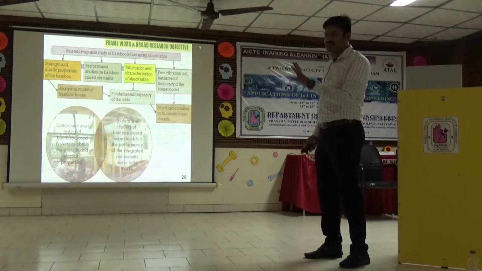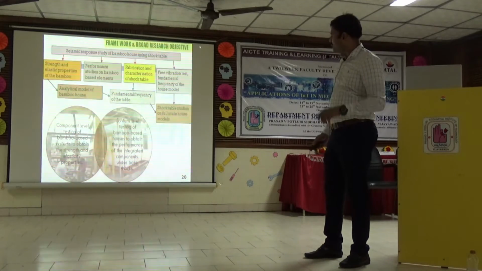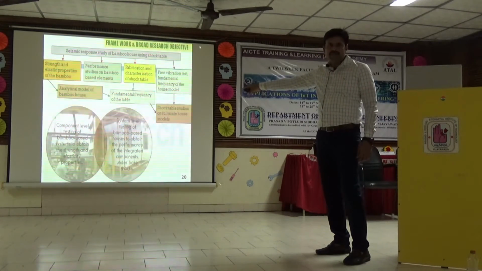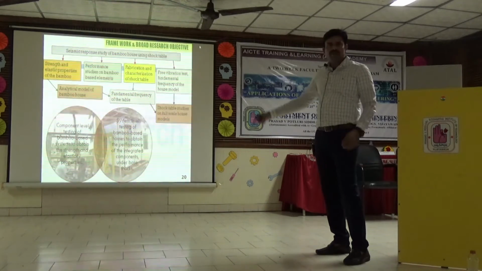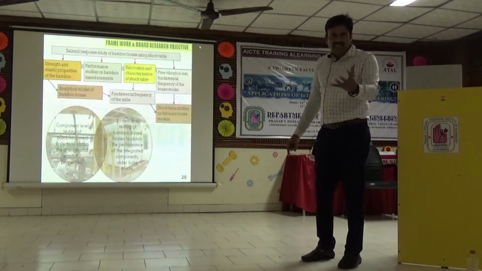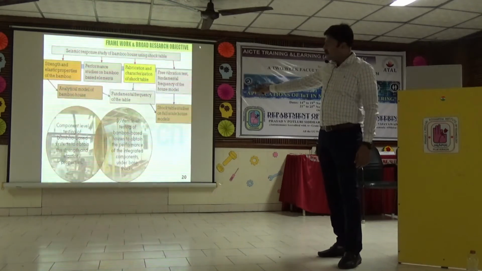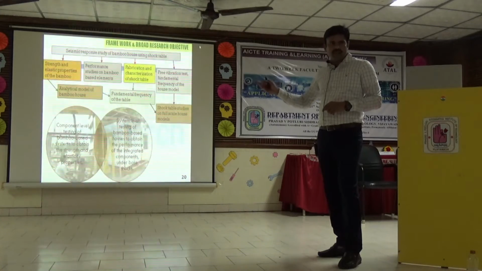This is the broad research objective I have finalized. To test finally on the table, you need to make the building. To make the building, you have to use some materials. The major material I've used is bamboo. Again, there are a number of components: wall components, roof components, other components.